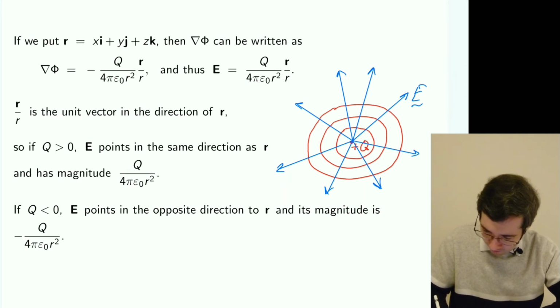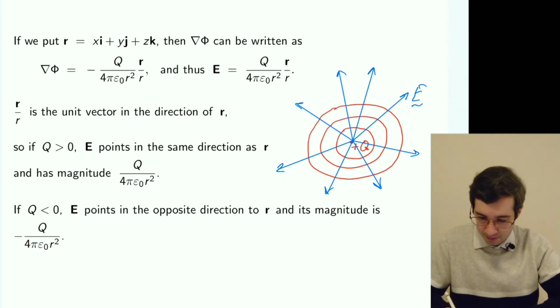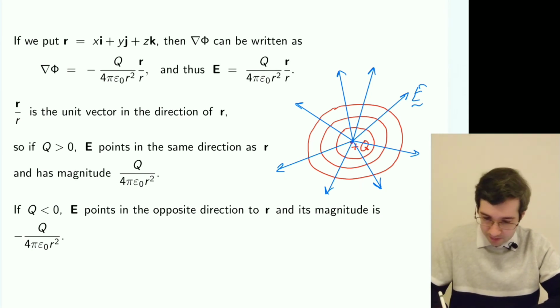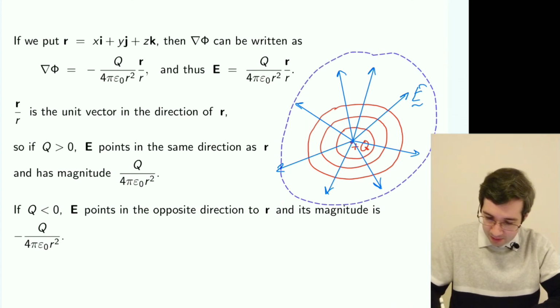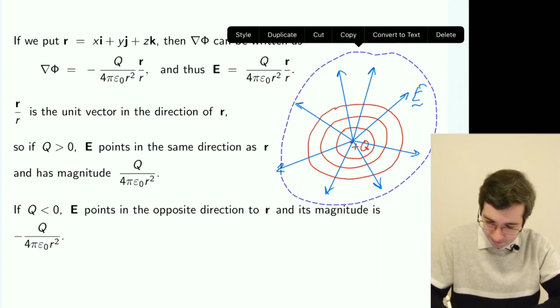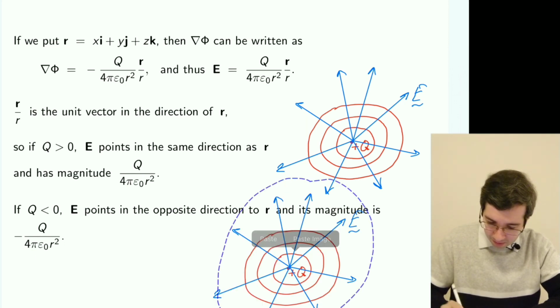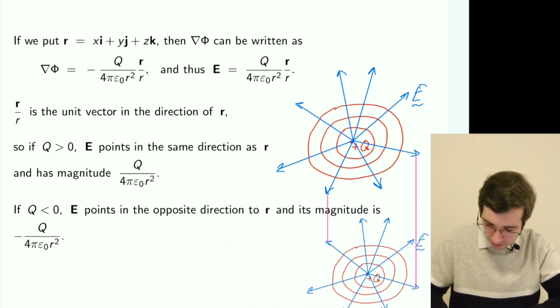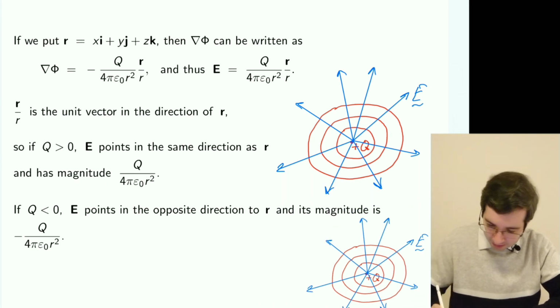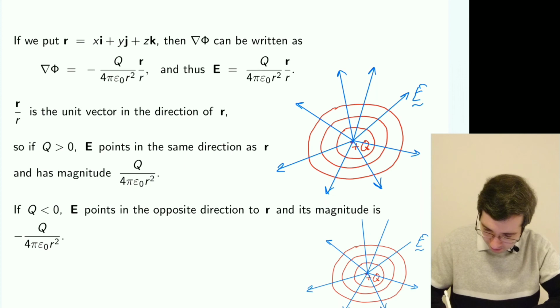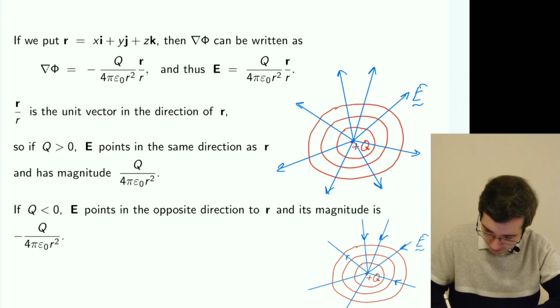And for the negative charge, the story is almost identical, but instead you will have lines pointing in the opposite direction. So instead of having that, you will have everything converging to the charge. And the charge itself is negative here.